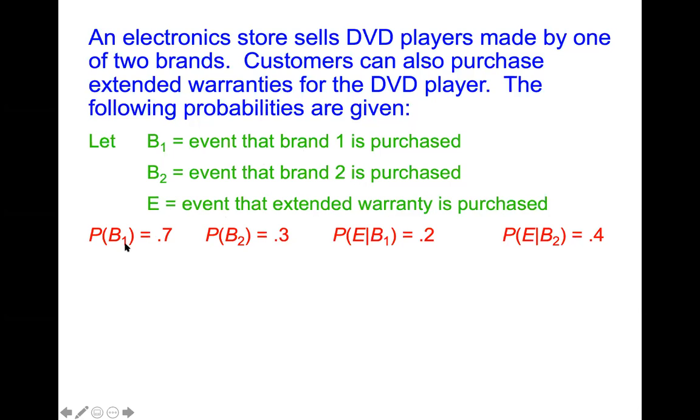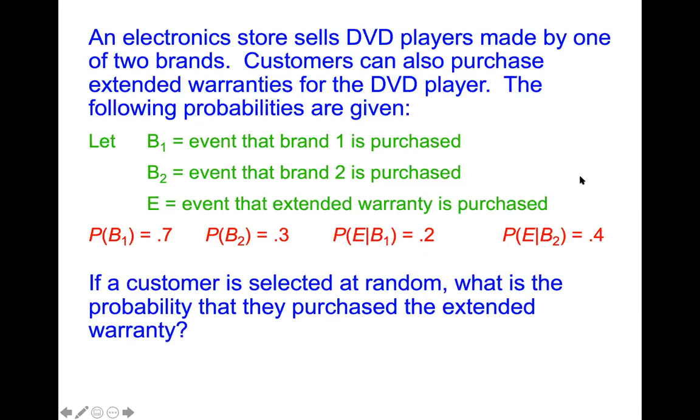The probability a customer gets brand 1, let's say Sony, is 0.7. Let's say brand 2 is, I don't know, Samsung, so the probability that they get Samsung is 0.3. The probability that they get an extended warranty given they got brand 1 is 0.2, and the probability that they get an extended warranty given brand 2 is 0.4.